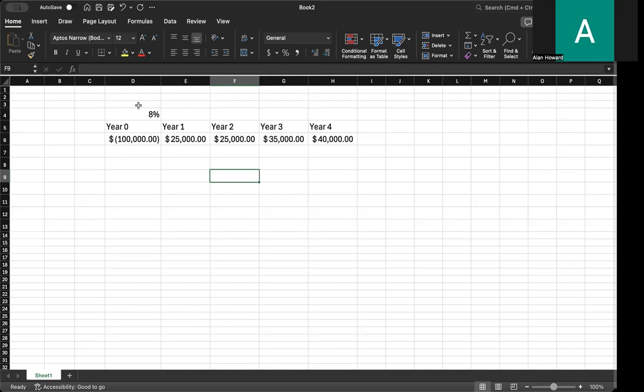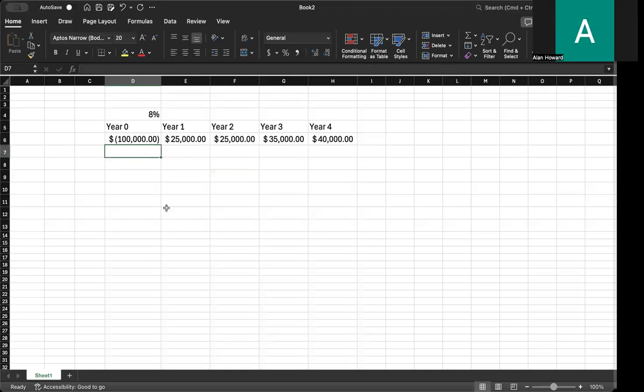And the general rule of thumb is that to accept a project, the NPV needs to be above zero. That's something you should be learning in your finance classes, whether it's 200 or 311 or whatever class you're in.